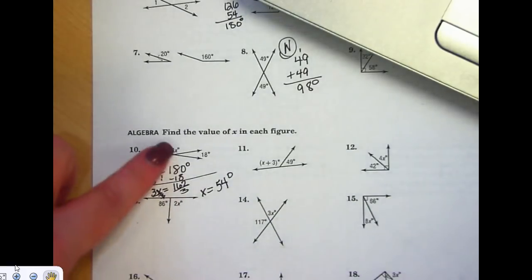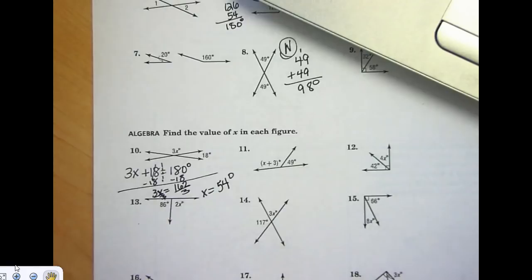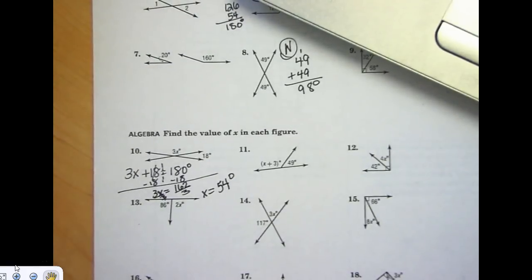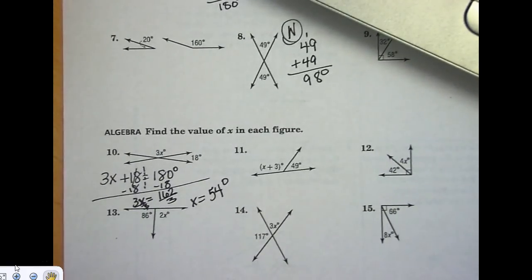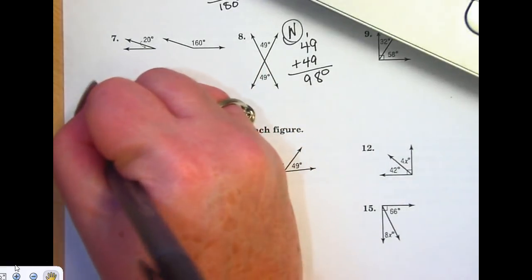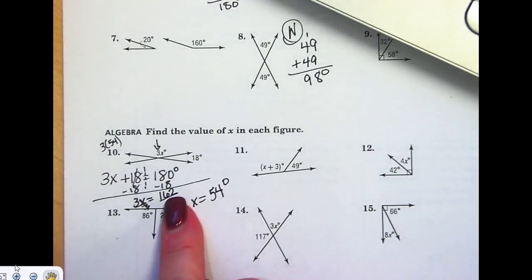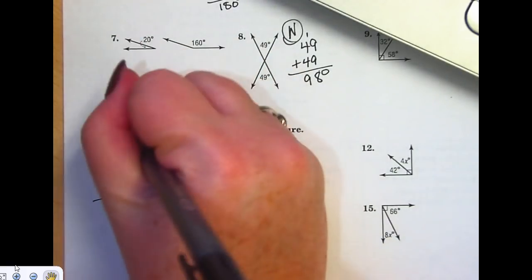So then, if it asked me what the measure of this angle is, would it be 54? Would it? 54 plus 18 would equal 180? You would have to multiply. If it asked me the measure of this angle, well, 3 times 54 is 162.